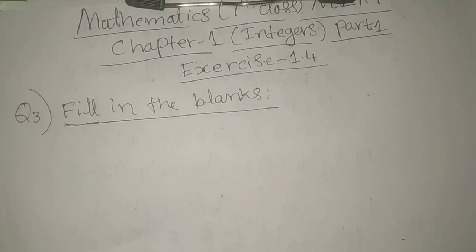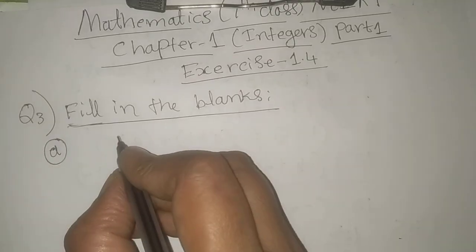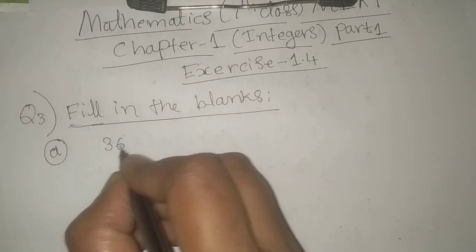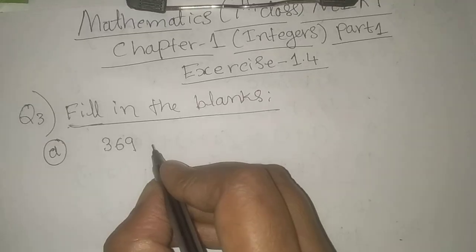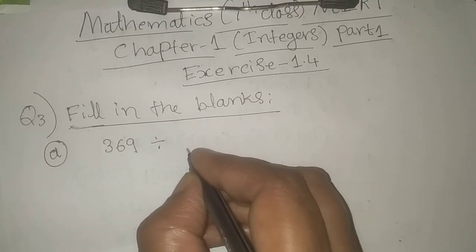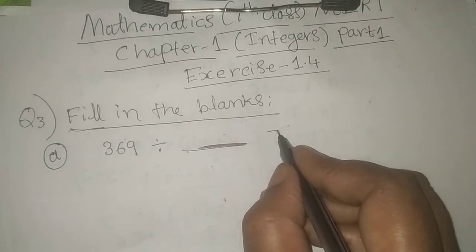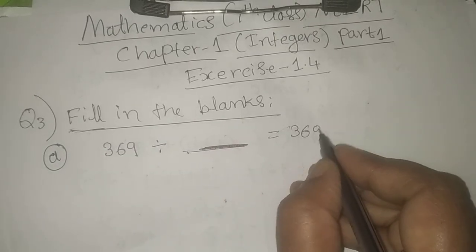So in this, first one is A, that is 369 divided by dash is equal to 369.